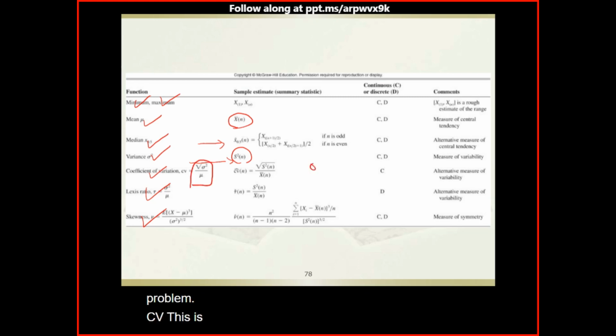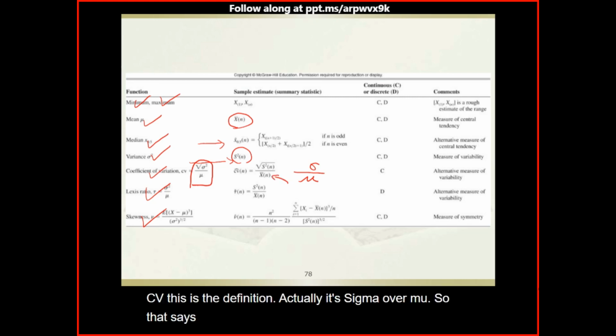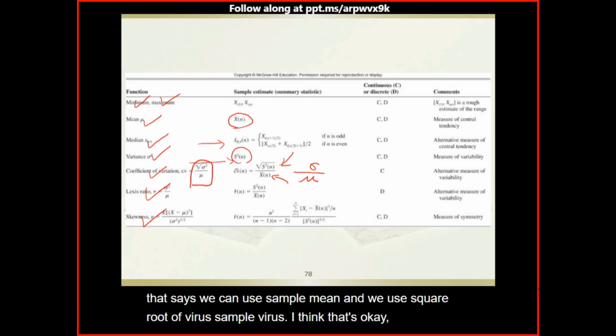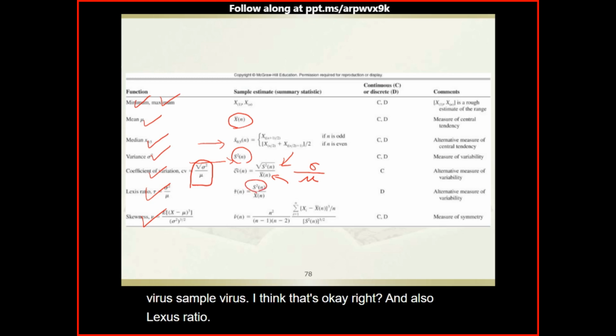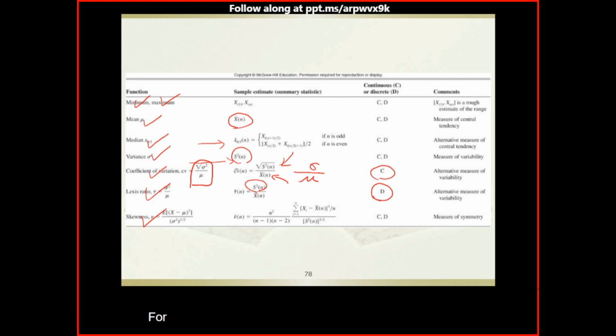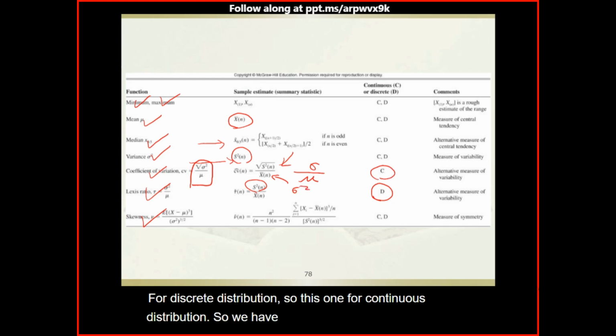Actually, it's sigma over mu. So we can use sample mean, and we use square root of sample variance. I think that's okay, right? And also lexis ratio is for discrete distribution, while this one is for continuous distribution. So we have the sample variance, because sigma over mu, directly and sample mean.